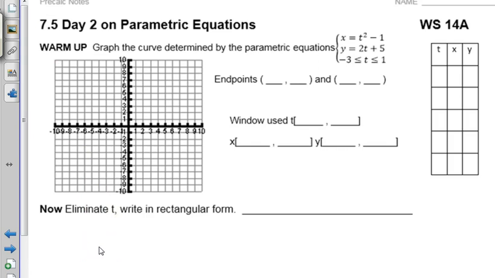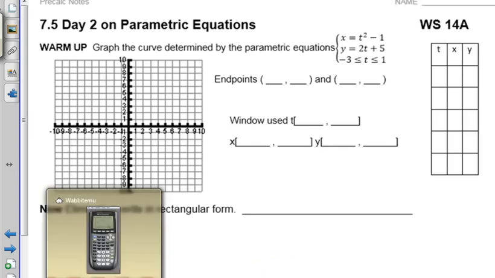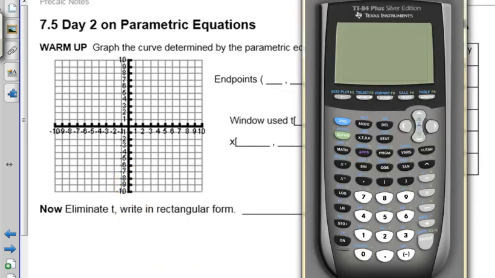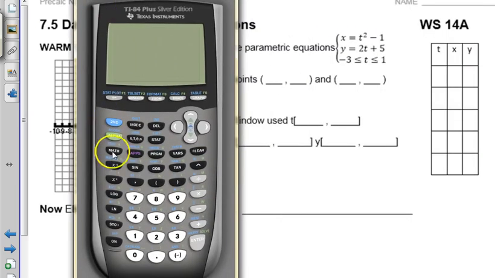All right. If you want to use your calculator to do this one, that's fine. But I do want you to be able to do the chart. So you don't have to do the chart by hand. You can do it on the calculator if you want. What do I need to do first? Turn my calculator on, put it in parametric mode. It is going to need to be in degrees later.